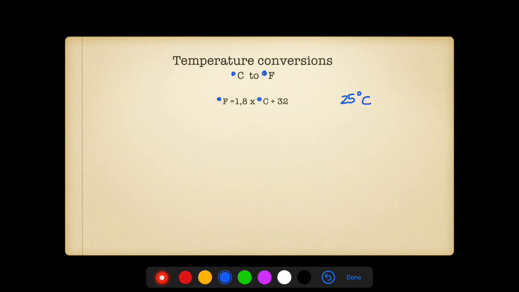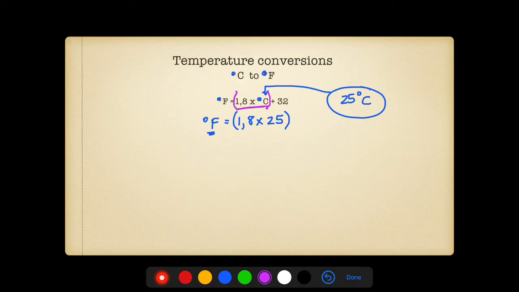So basically what you're going to do, you are going to substitute. So all I'm going to do, degrees Fahrenheit equals 1,8 times, substitute 25, and I'm going to leave out the units because I'm working towards degrees Fahrenheit. I would suggest in future that you always group these together to know that you have to do that first, plus 32 degrees.